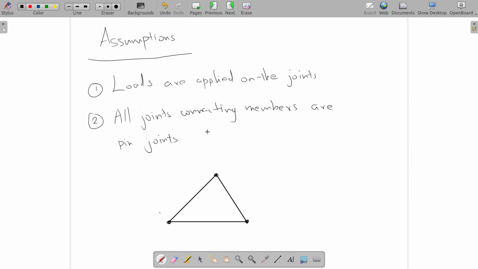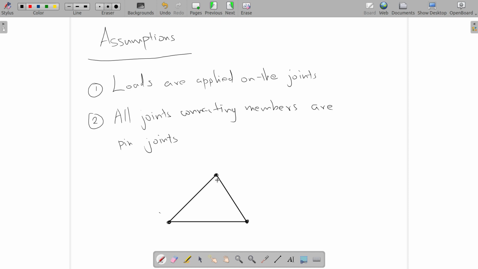Pin joint means if you disconnect these members from all other joints except this joint, you can rotate each member independently about the pin joint.